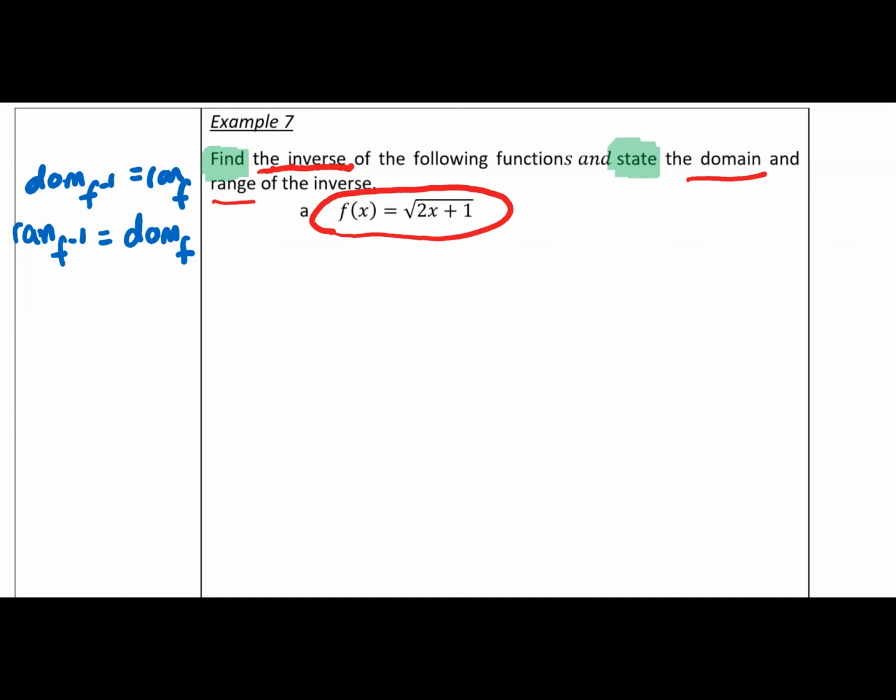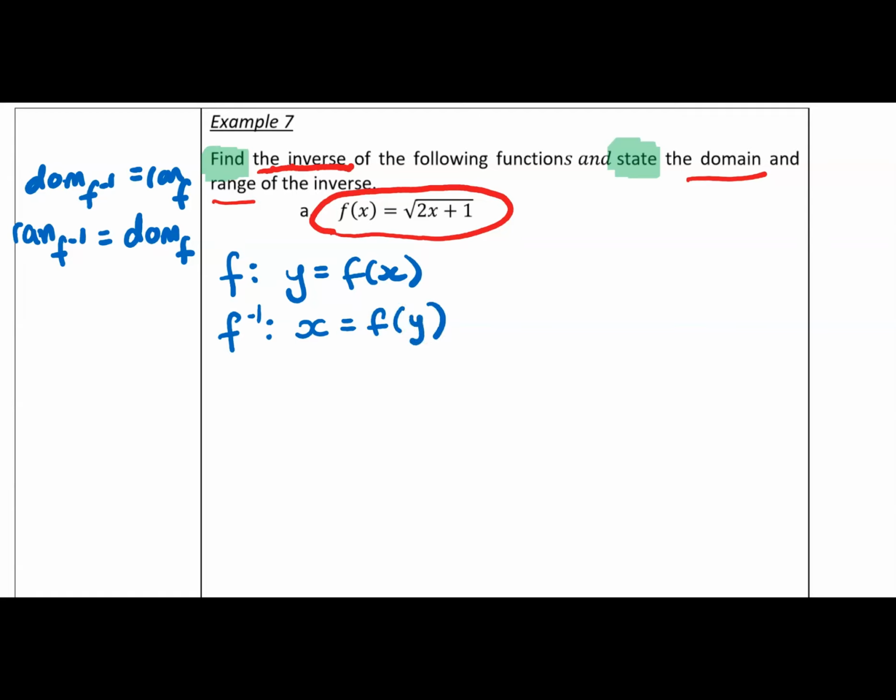Now, it's all well and good to say swap x and y, but in this question itself, there really is no y. It wouldn't make sense to suddenly introduce y. And so what we need to do is we need to state the function f is such that y equals f of x. So it's kind of like saying let y equal f of x. And if that's the case, then the inverse function would be such that x equals f of y.